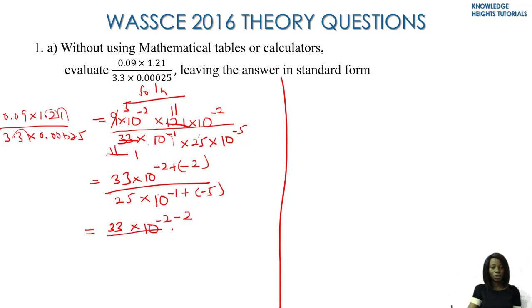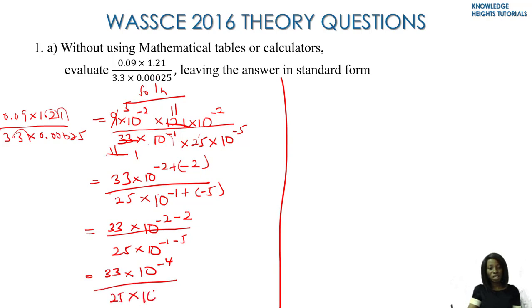So -2 all over 25 times 10 exponent -1. In the same way, positive and negative will give you a negative, so -5. And this will be equal to 33 times 10 exponent -2 minus 2, which gives -4, all over 25 times 10 exponent -1 minus 5, which gives -6.